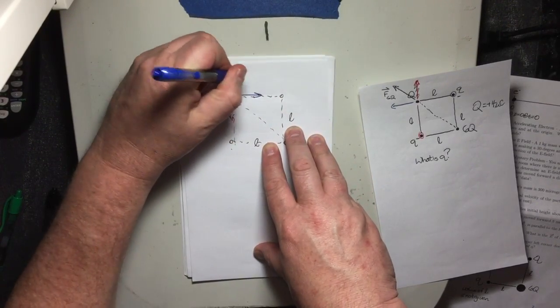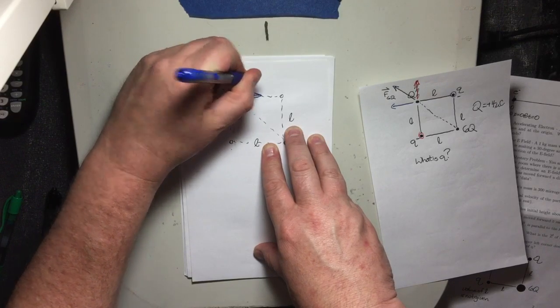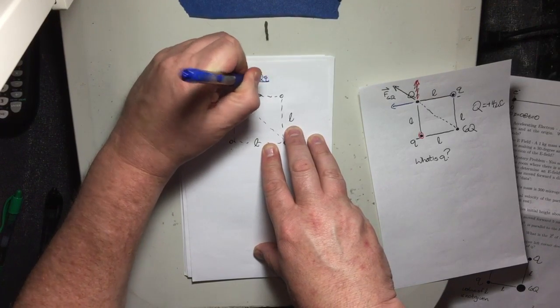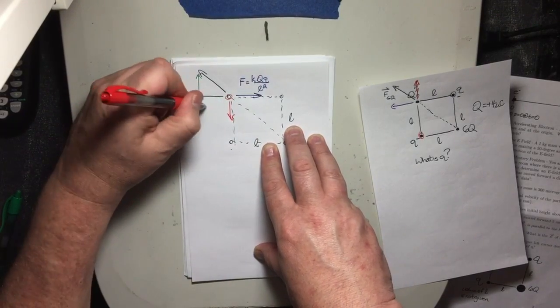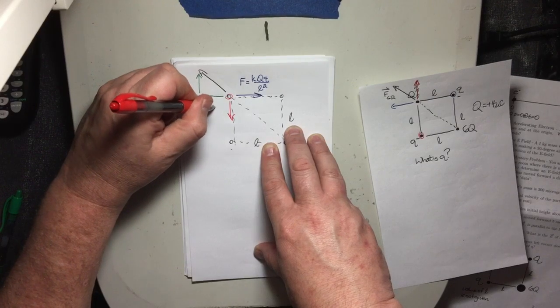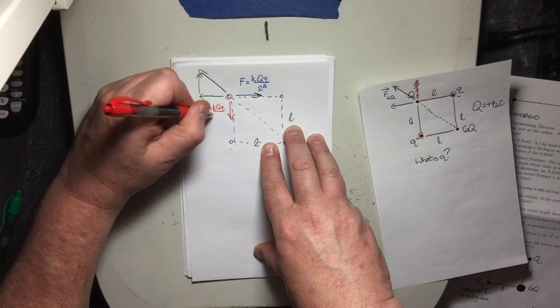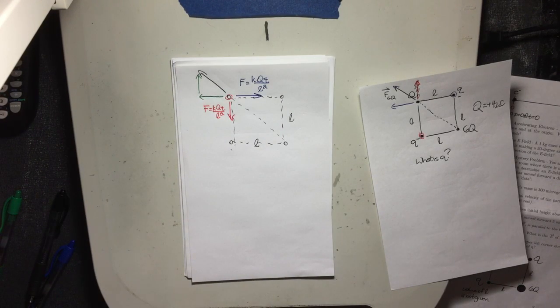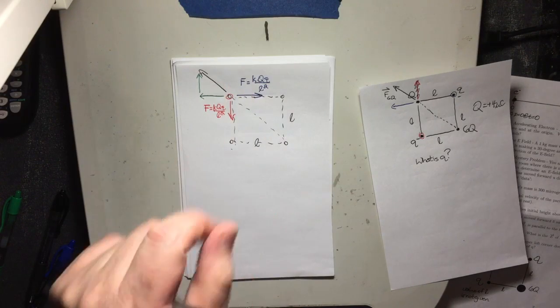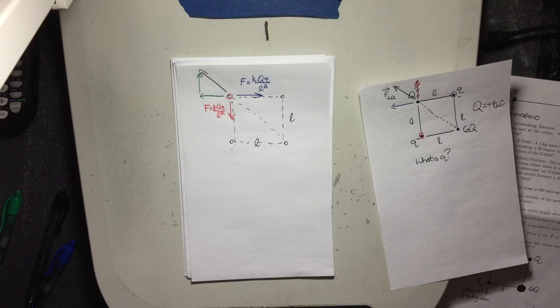So the magnitude of this is equal to the magnitude of that. Those two are the magnitude of the forces. Since little q is the same as that little q, effectively you're going to get the same number. But I don't give you so many numbers, so we just have to keep them as equations for the moment.